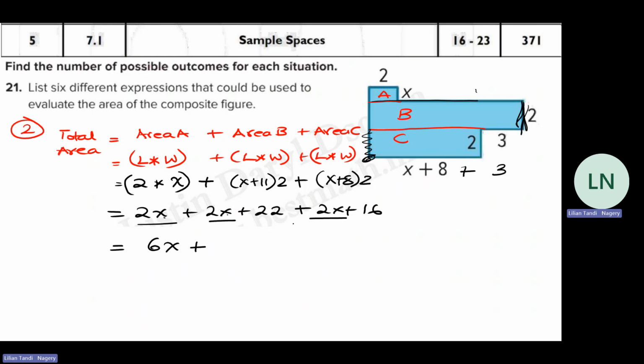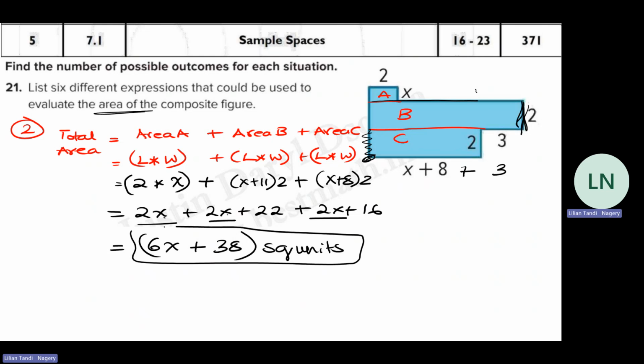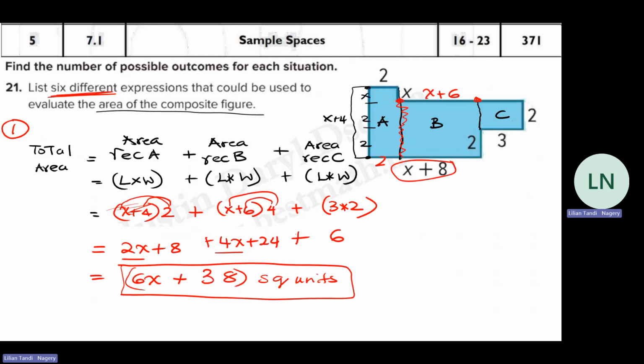Then I do 22 plus 16. 22 plus 16 gives us 38, and then you write here square units because you're finding area. Okay, now this answer, as you can see, is the same answer as that.